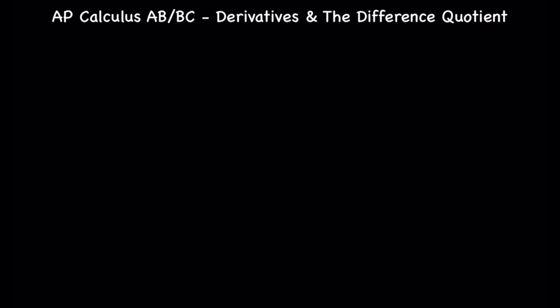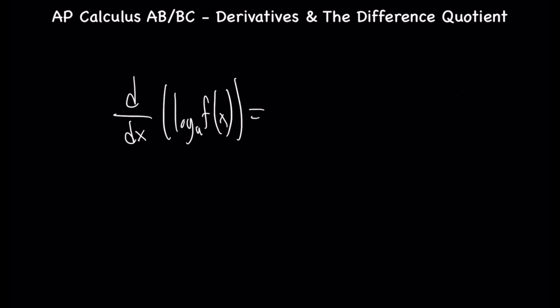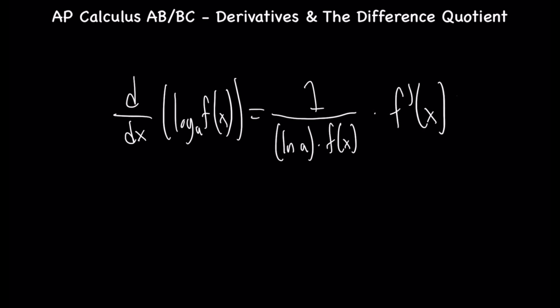Oh, and before we dig in deep into solving for an example, I want you guys to know the following formulas. The derivative of log base a of f of x is equal to 1 over ln a times f of x, times f prime of x.